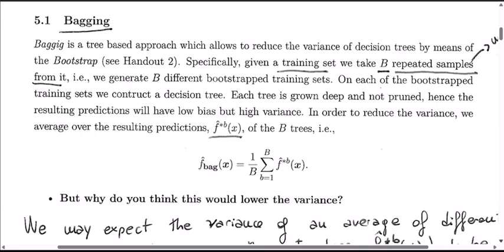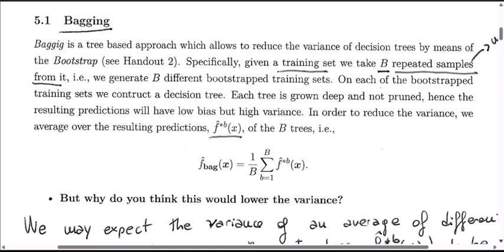And let me tell you how this is likely going to solve the problem of high variance: it is because you are using more than one tree. If some trees actually overfit, some trees will underfit. On average, it will be fantastic. That will be better than just using a single tree.